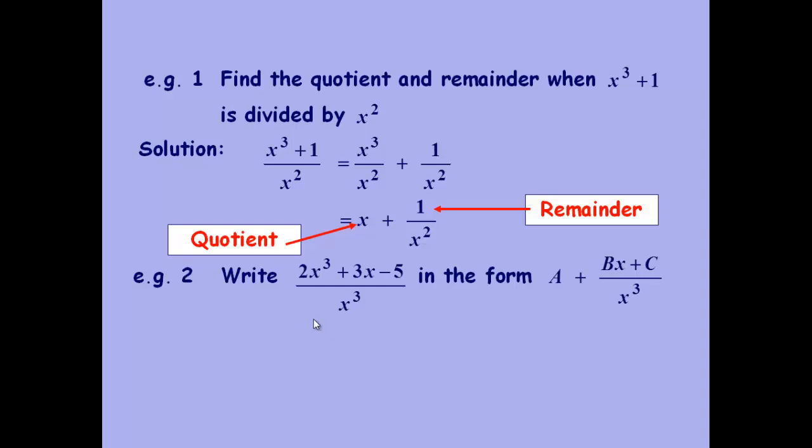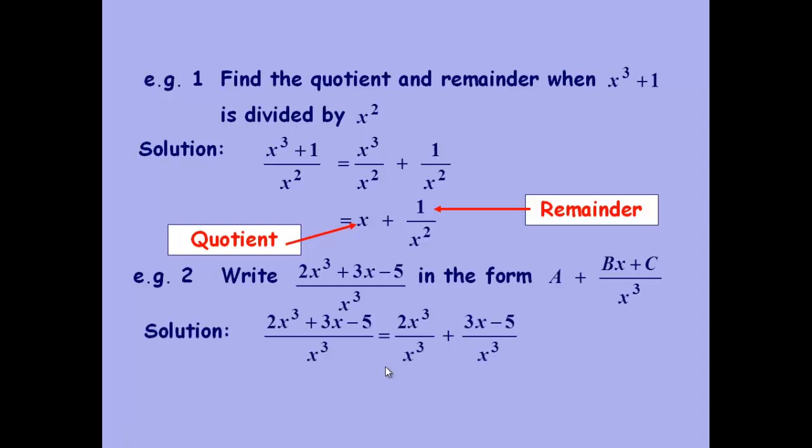Another example, again we can split this up. We're quite often asked in questions to split expressions up into a certain form. And here we're given the form a, where a will be an integer, plus bx plus c over x cubed.